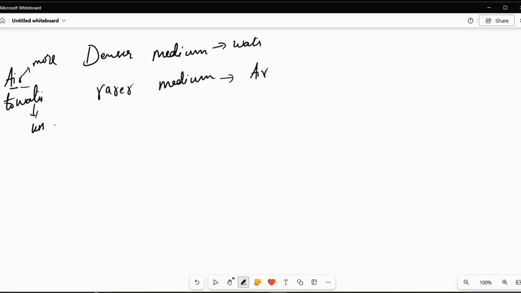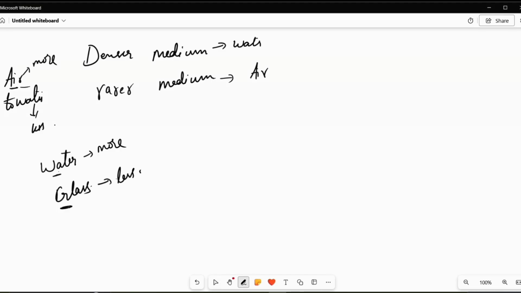Another example, if light is moving from water to glass. In glass, velocity is less. We will get different types of glass. The velocity of light in water is more, and in the glass it is less.